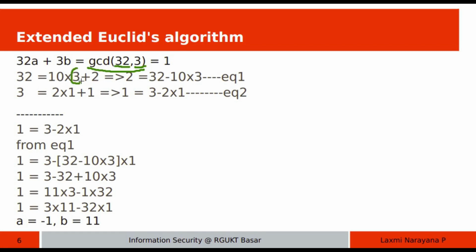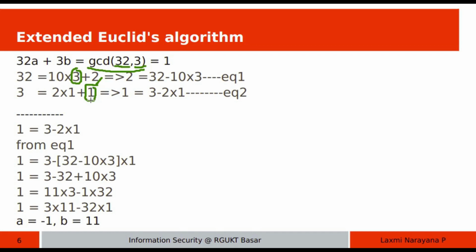Then the smaller number will be divided by this remainder. So 3 equal to 2 into 1 plus 1. This is the smallest non-zero value here, so this will be the GCD. So we will stop here. 1 will be the GCD.